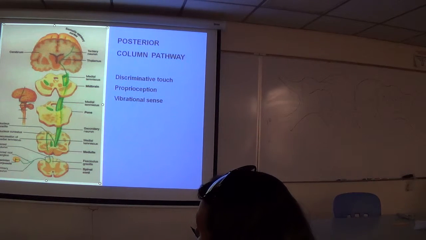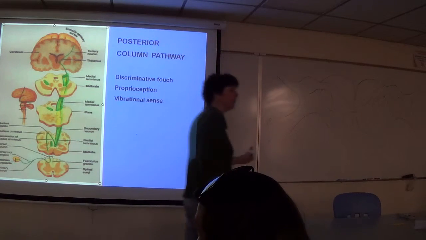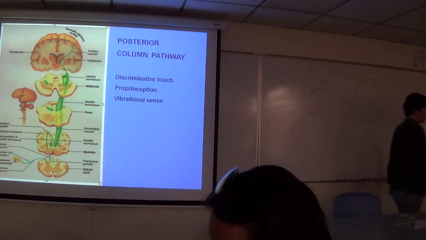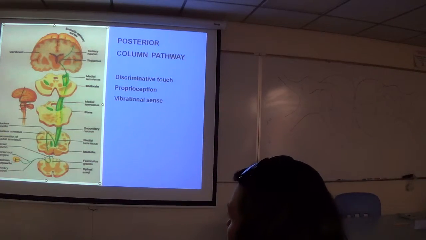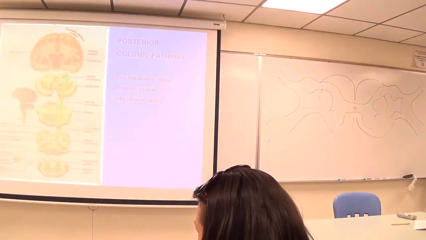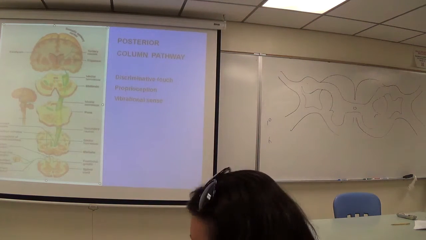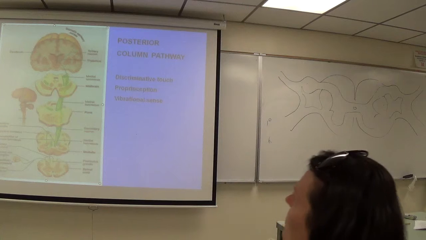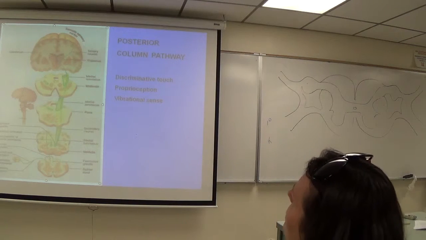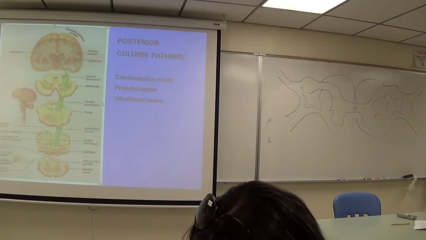The posterior column pathway is a sensory pathway. You can tell from its name it's sensory because posterior. So dorsal structures, posterior structures are sensory. Its function is for discriminative touch. In other words, I can tell whether I'm touching a piece of plastic or a piece of paper.